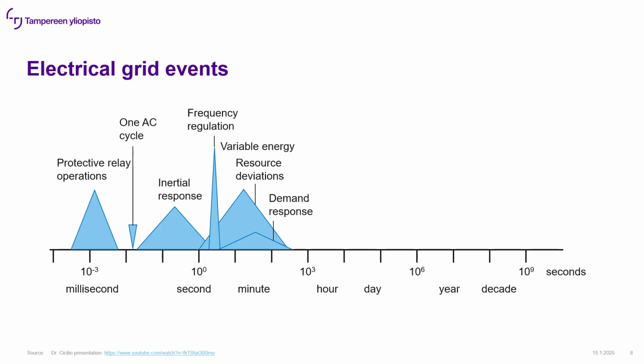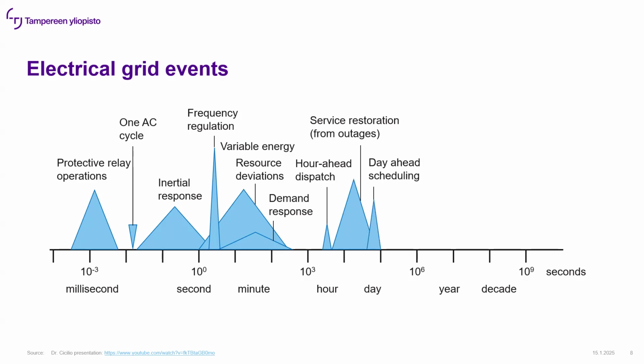Then this demand response immediately kicks in. Hour-ahead dispatch. So then we go into the hourly level and service restoration from outages. That's like hour to day level, day-ahead scheduling, capacity markets. So you have to have a planned amount of capacity at your disposal.